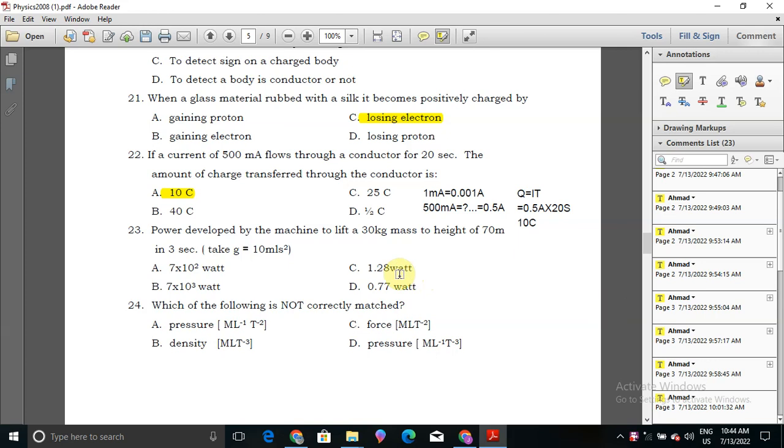Okay, now in question number 23, power developed by the machine to lift a 30 kilogram mass to a height of 70 meters in 3 seconds, and take gravity is equal to what? 10 meters per second square.